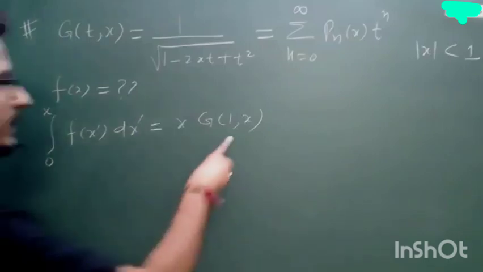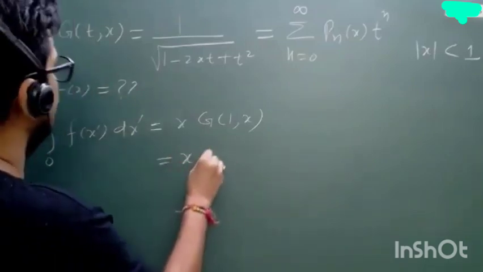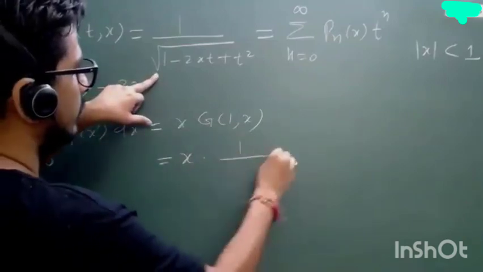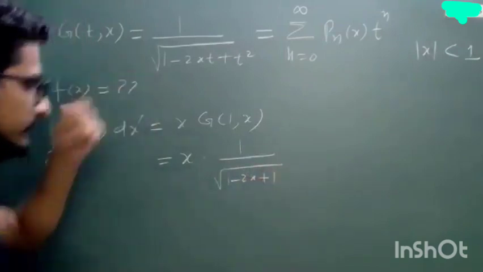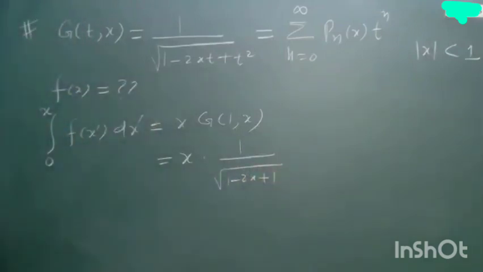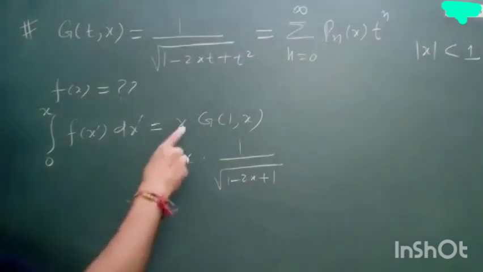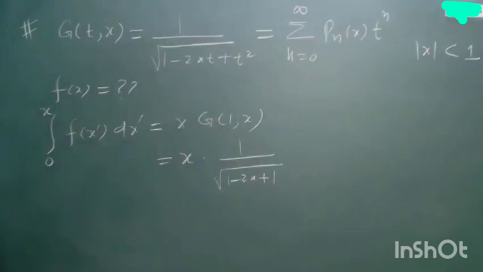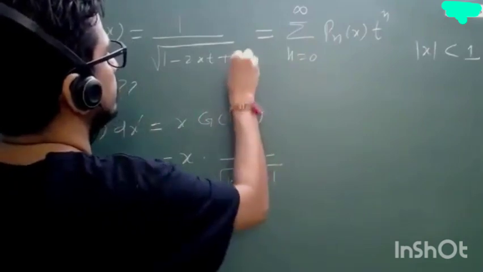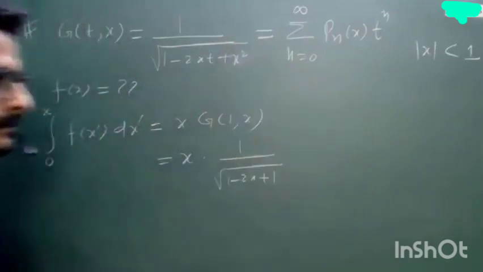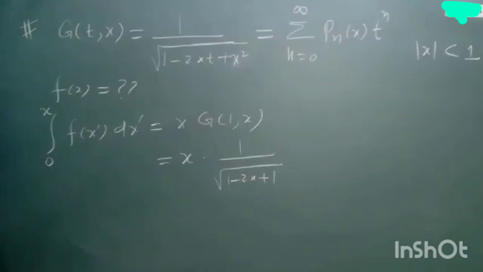So on this side it is given x into 1 upon under root of 1 minus 2xt plus... in the polynomial it is x square, sorry. One minute, let me check the polynomial. Then it is t square.